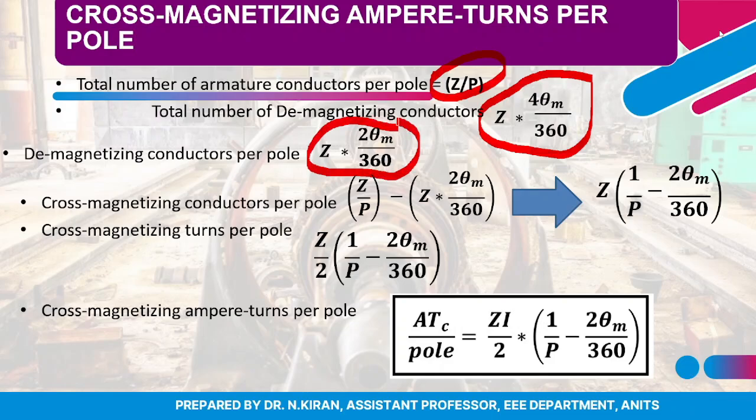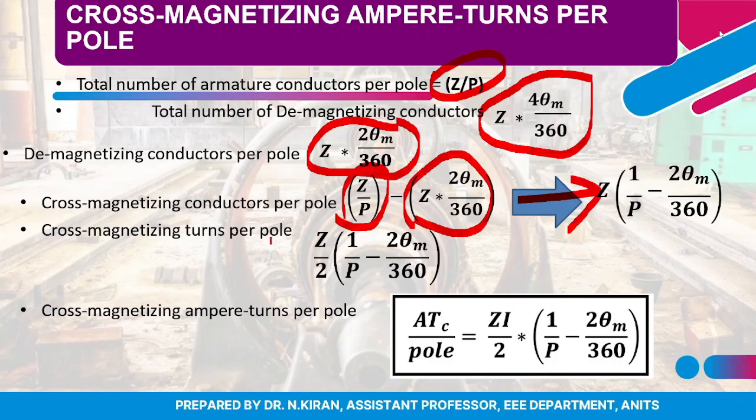From the demagnetizing conductors per pole, I need to find the cross-magnetizing conductors per pole. These are the total conductors Z by P, and these are the demagnetizing conductors per pole. If I subtract them, that will give the expression for cross-magnetizing conductors per pole as Z into 1 by P minus 2 theta m by 360. If I want the number of turns, I just need to divide by 2.